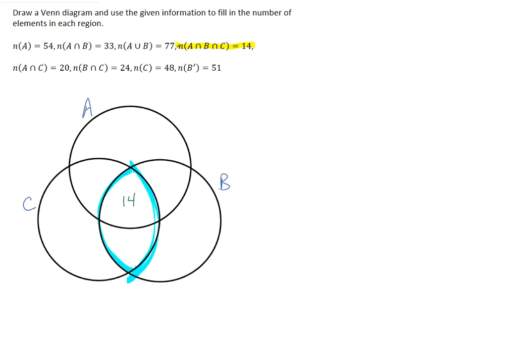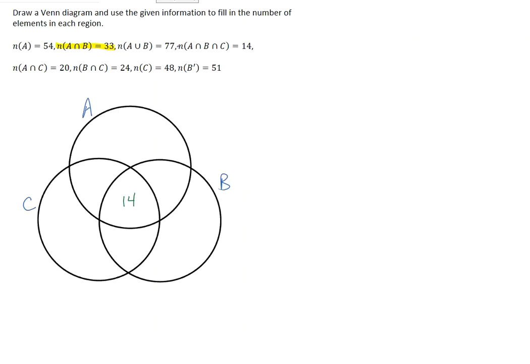So when I look at the information they gave me, what I'm interested in is, did they give me the intersection of any 2 sets? And so I just start reading through, and the first time I see something like that is here. The cardinality of the intersection of A and B equals 33.